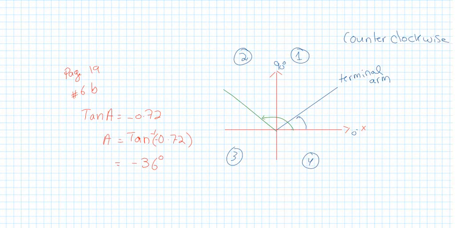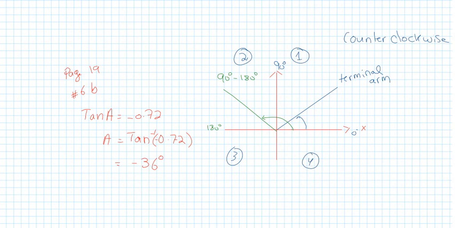So in the second quadrant, my measurements are going to be somewhere between 90 and 180, because this is my 180 degrees. Again, I'm measuring from the positive x-axis counterclockwise to get to the terminal arm. Are we okay with that?